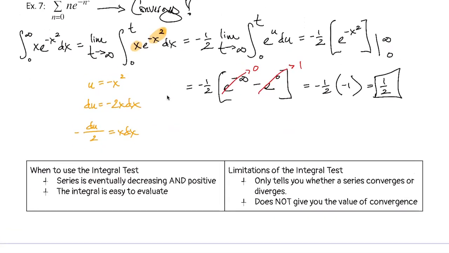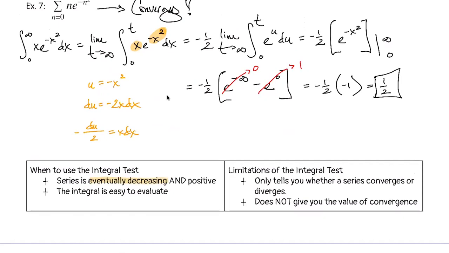Okay, so when to use the integral test? The series is eventually decreasing and positive. So you might have a case like, I think we saw this yesterday maybe, where the function might go up a little bit in the beginning and then ultimately be decreasing. So that is really important here.